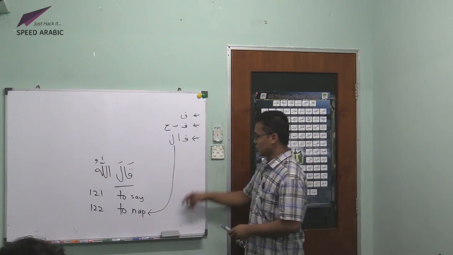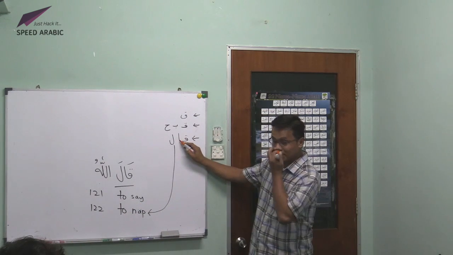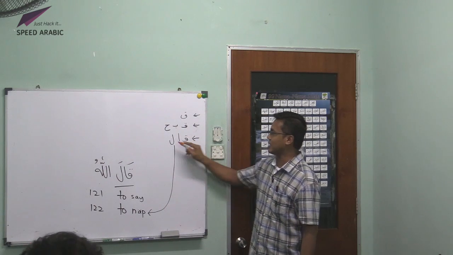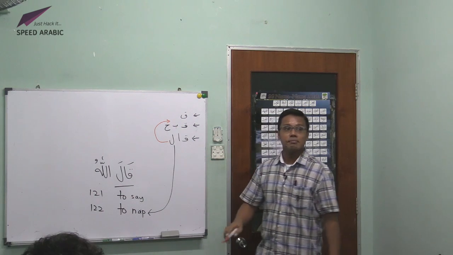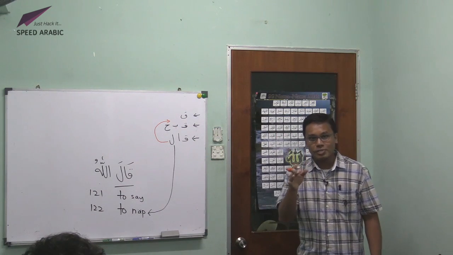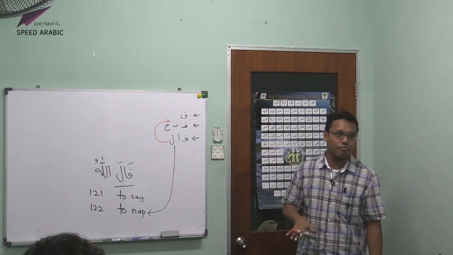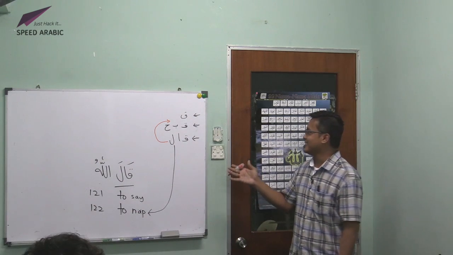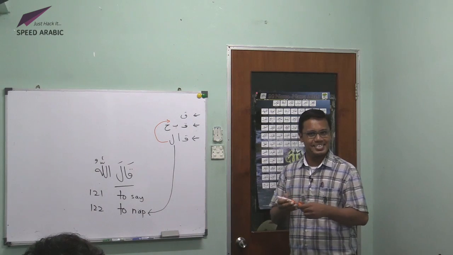So by right, Qaf, the alif comes before or after ba? Before ba, right? By right, the entry of Qala should be the second entry or the earlier entries of Qaf. But it's not. So, do you know what's the reason for that?